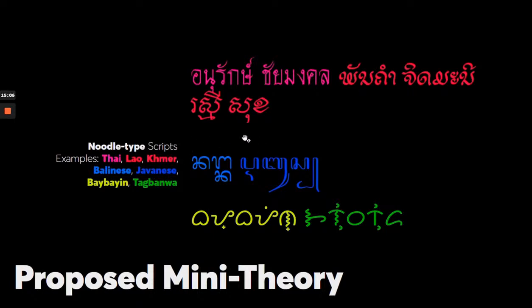And then we have the noodle type scripts, in which a lot of Southeast Asian scripts tend to be representative, like Thai, Lao, Khmer, Balinese, Javanese, Baybayin, and Tagbanwa.